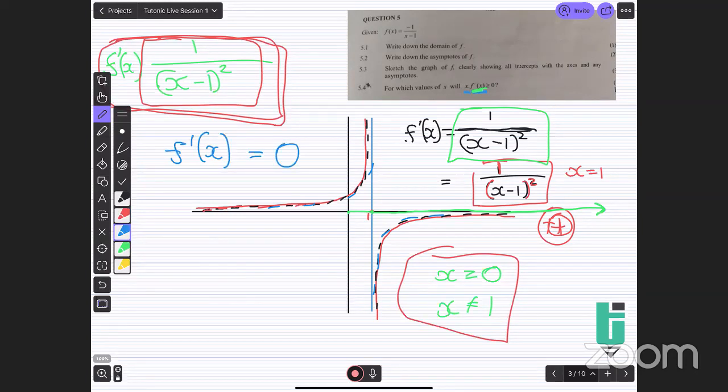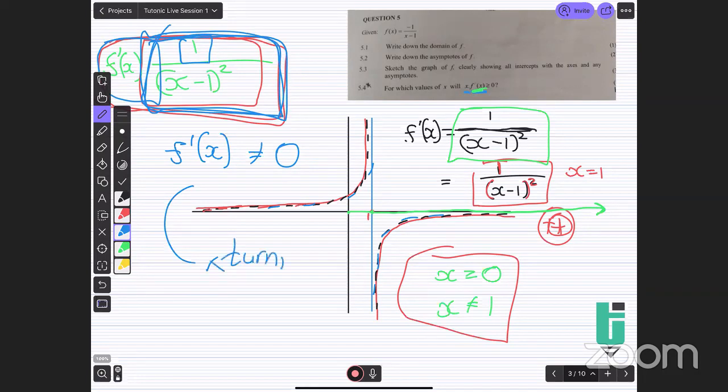But this fraction can never be 0. Why? Because the numerator is 1, and 1 will never be 0. And since this can never be 0, the derivative can never be 0, and there can never ever be a turning point on the hyperbola.